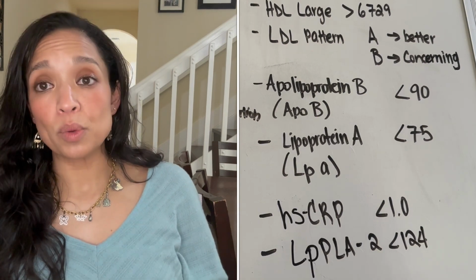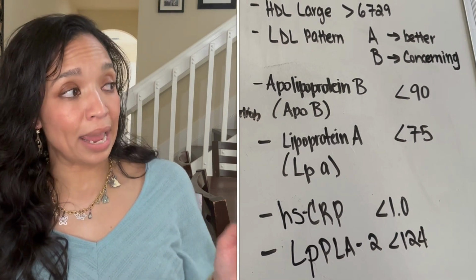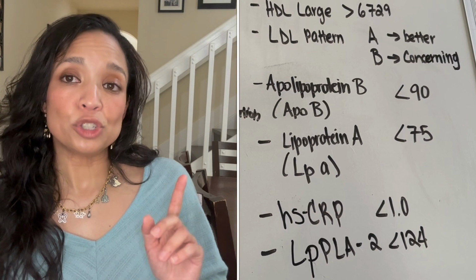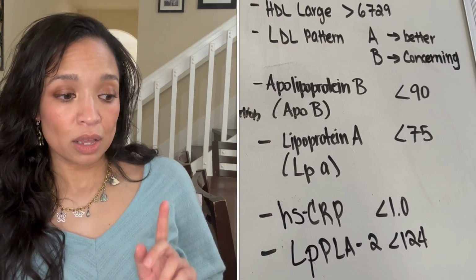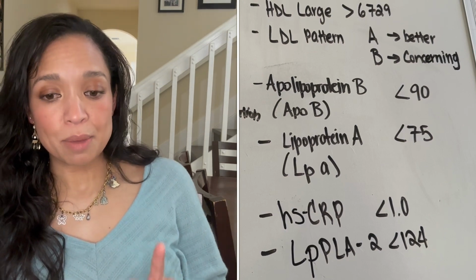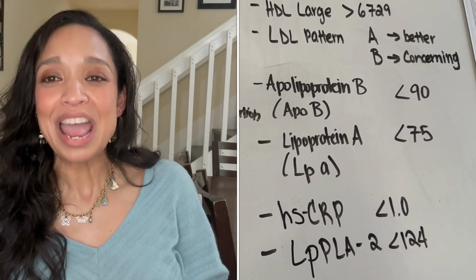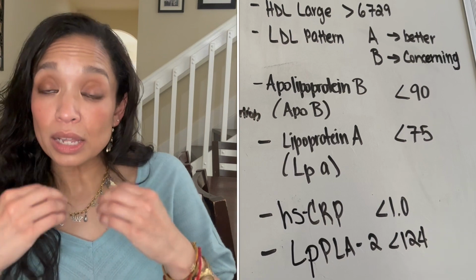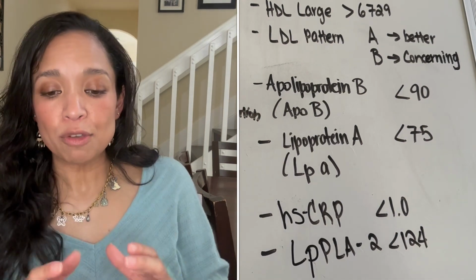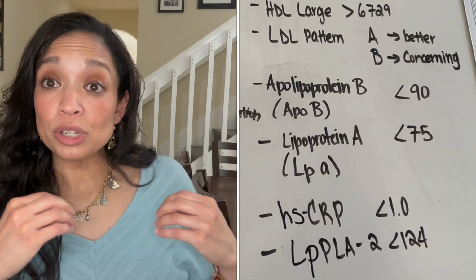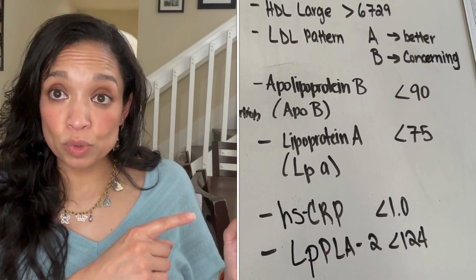The other marker that we look at here is this other one, LPPLA2, which is the lipoprotein associated phospholipase A2. I have to make sure I tell you the whole acronym properly, which essentially is telling us as your healthcare team if you have inflammation that has now activated an immune response.